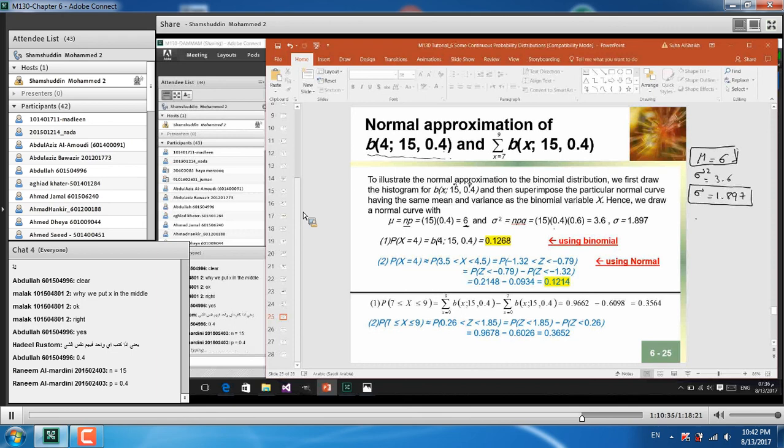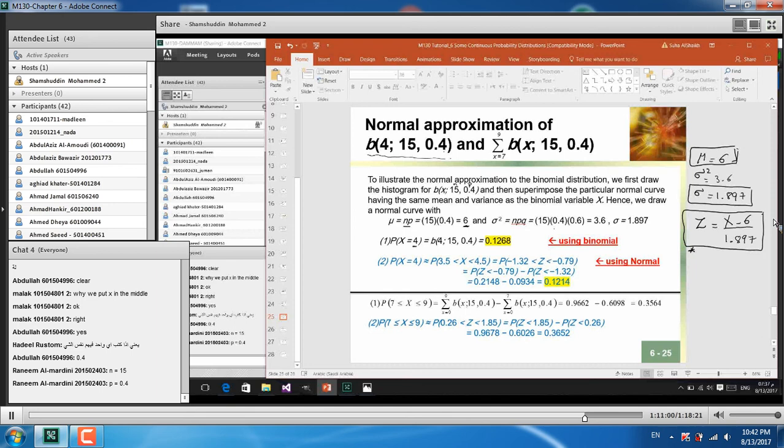If I'm changing to a standard, the z is x minus mu اللي هي 6 على sigma اللي هي 1.897 صح ولا لا؟ This is how we change it to a standard normal distribution. This is the form I'm gonna use here. So they want me now as a special case to find the probability of x equal to 4.